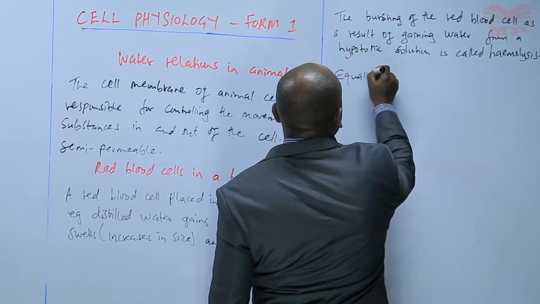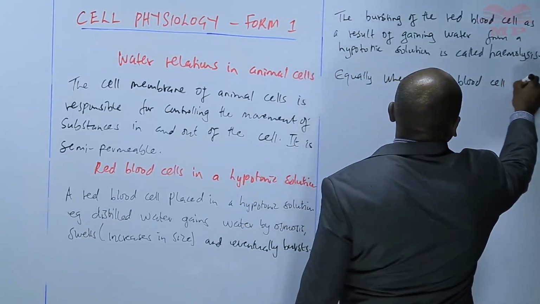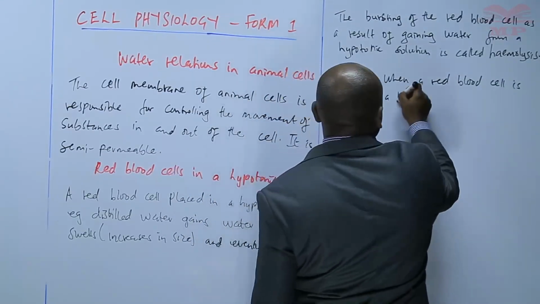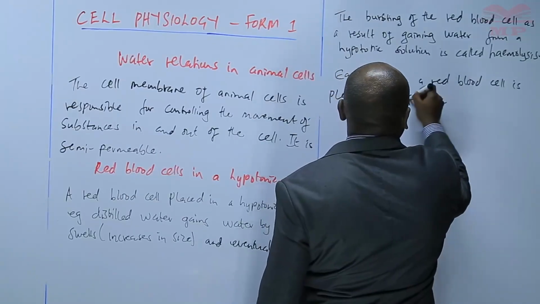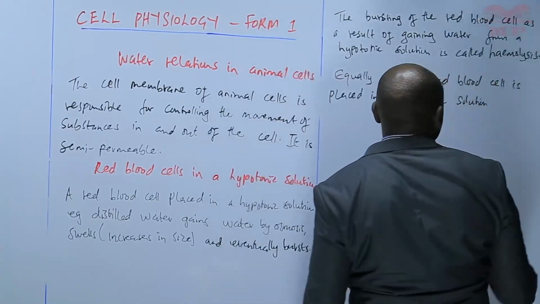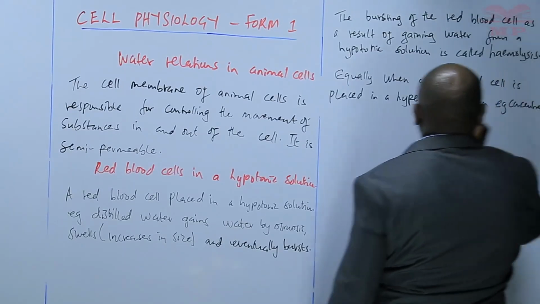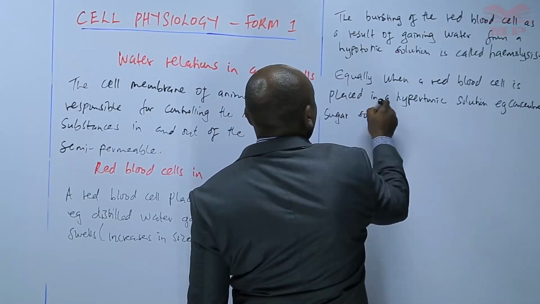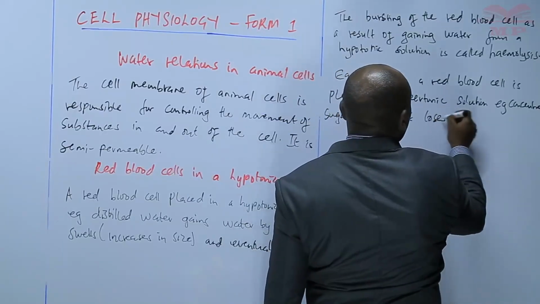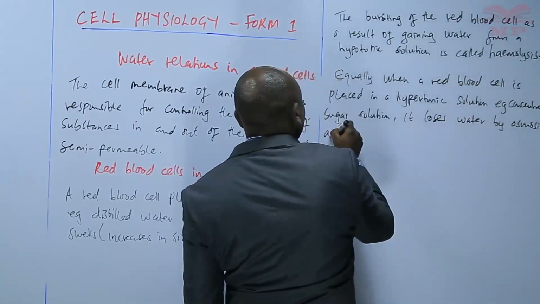Equally, when a red blood cell is placed in a concentrated solution or in a hypertonic solution, e.g. concentrated sugar solution, it loses water by osmosis and shrinks.